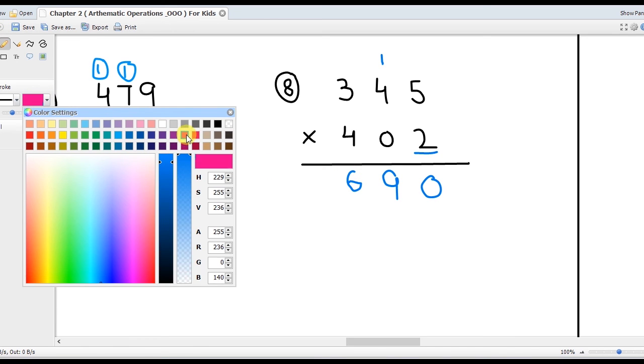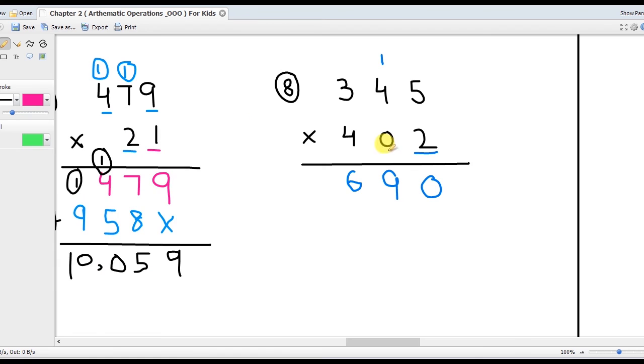Now next we are going to multiply 345 with this 0. So we have to start writing our answers from the tens place. So 5 times 0 is 0. 0 times 4 is 0. And 0 times 3 is 0.